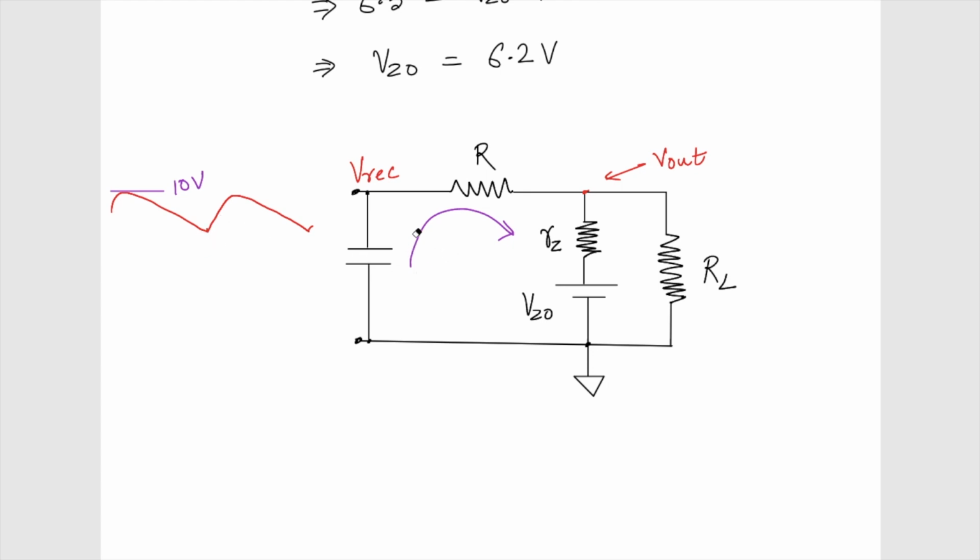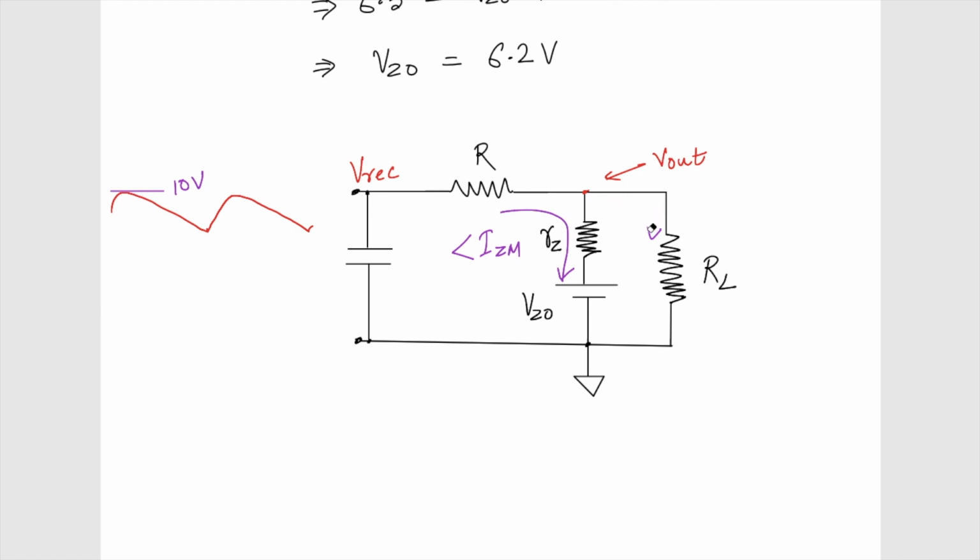So the first step is to find out this R. What is this R doing? This R is protecting the Zener diode. We want to make sure that the current flowing through it is always less than IZM, the maximum current allowed through the Zener diode. The maximum current will flow through it when there is no current through the load resistance. Otherwise, the current is going to get shared.